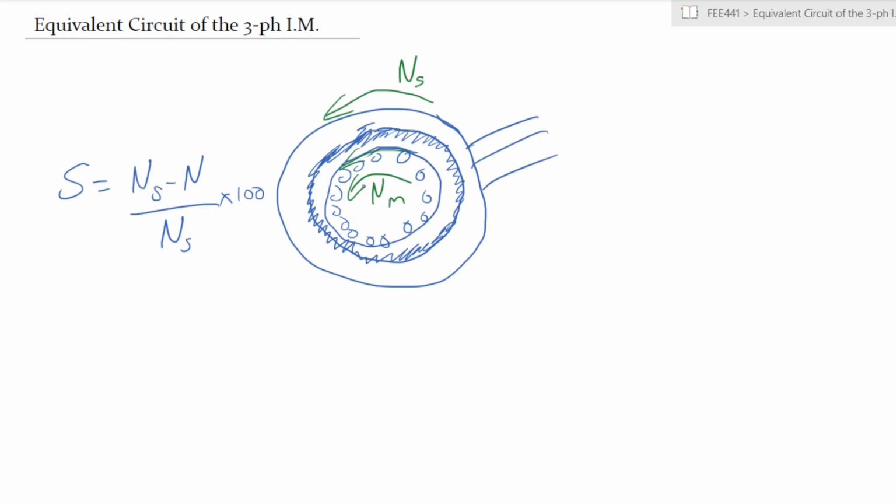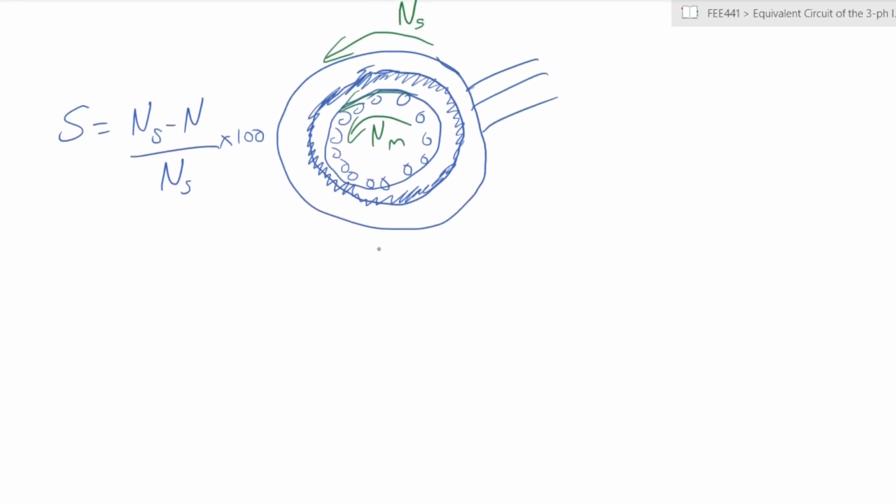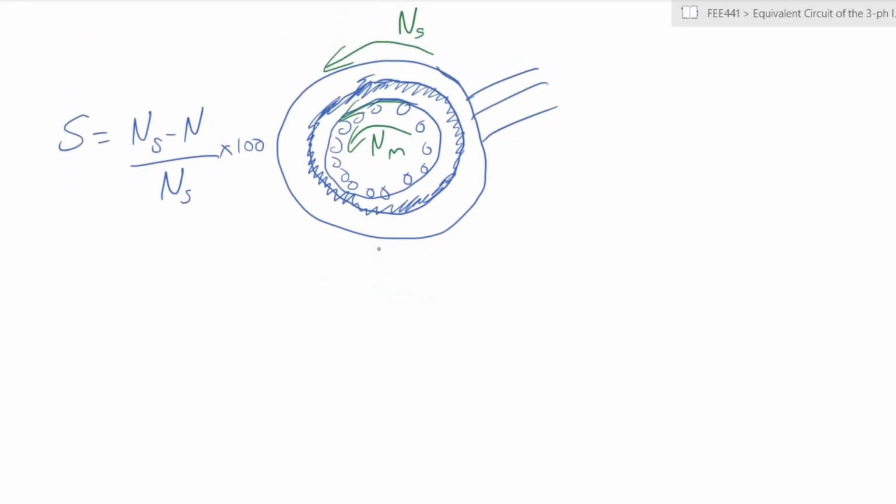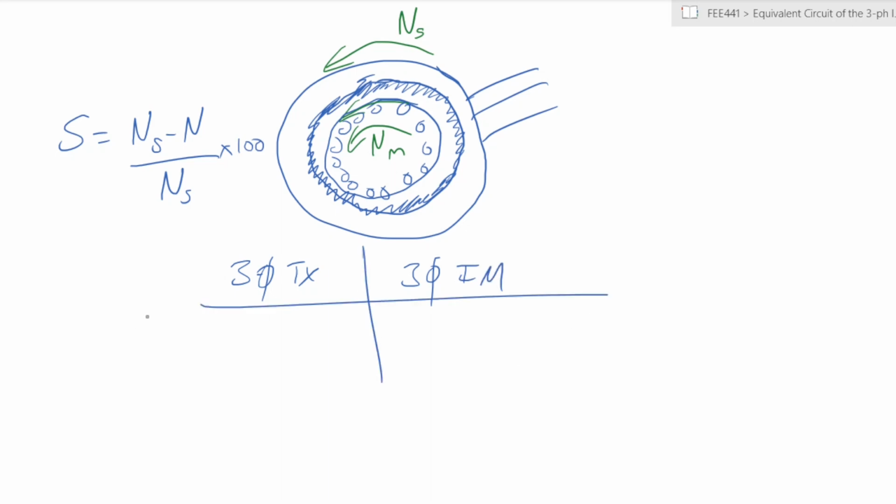Now, when we are looking at the three-phase induction motor, it is useful to think of it as being analogous to a three-phase transformer. There are a lot of similarities between the two. A three-phase transformer has a primary winding and a secondary winding, whereas the three-phase induction motor has the stator and a rotor.